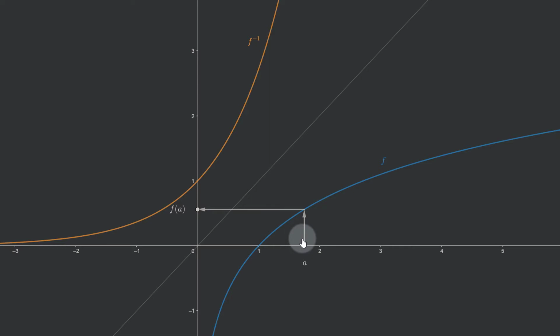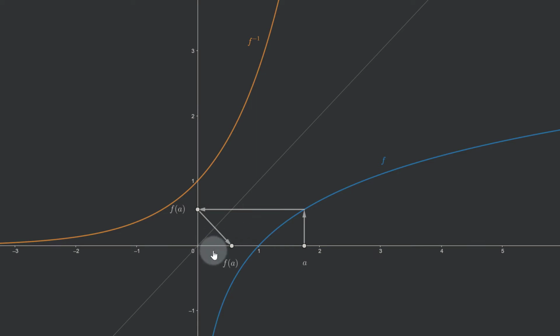However, as input values for functions always have to be on the x-axis, we need to place f of A onto the x-axis. Doing this, we see that there's also a reflection along the first bisector involved.